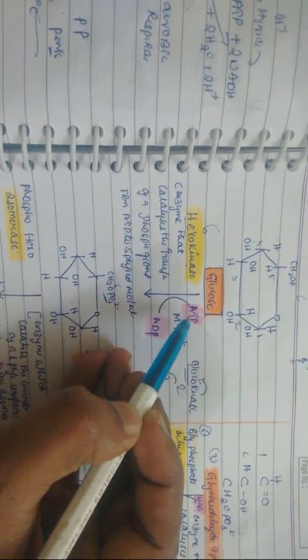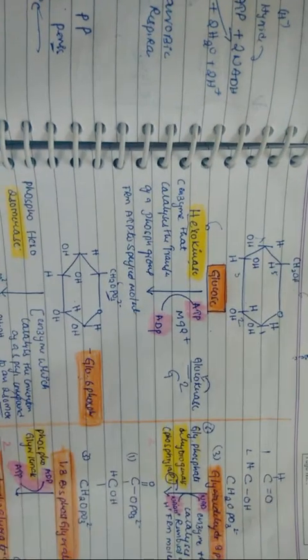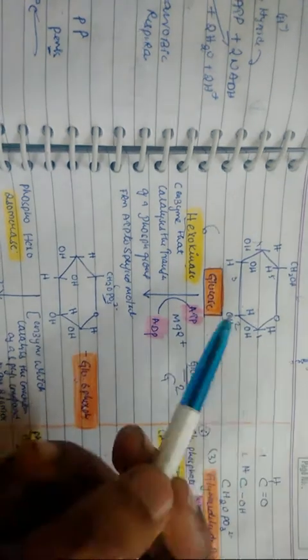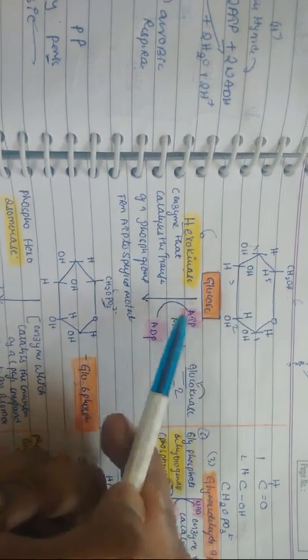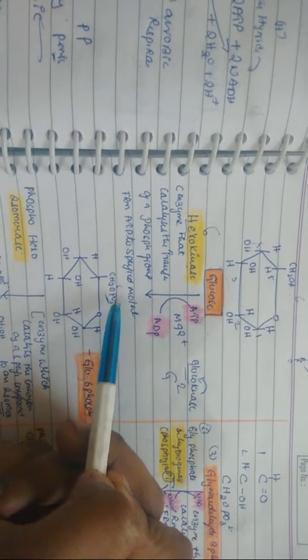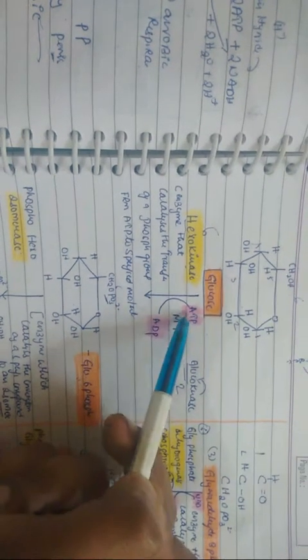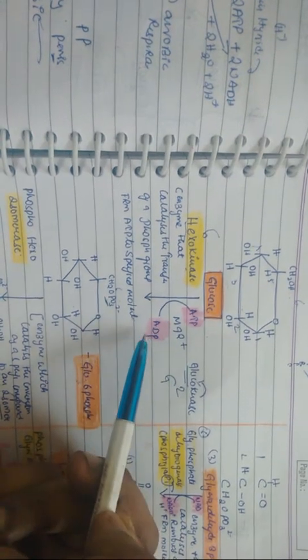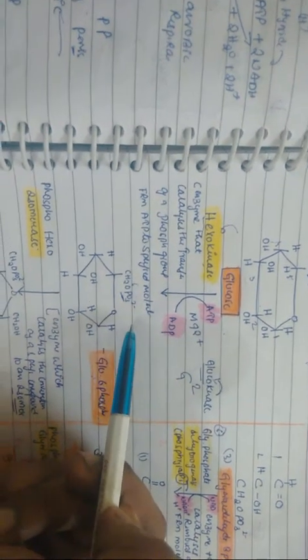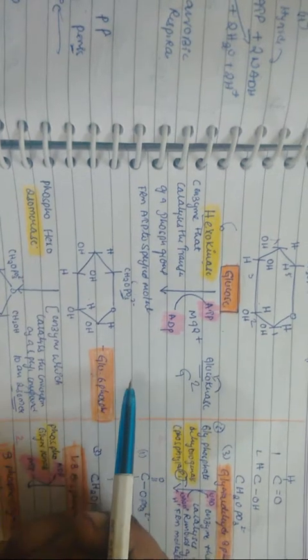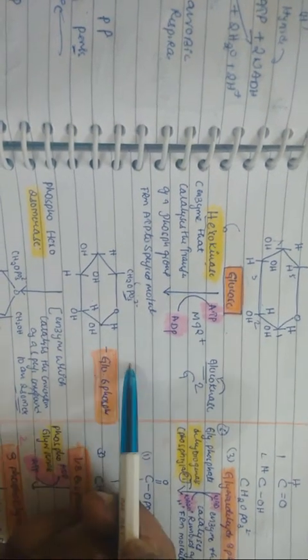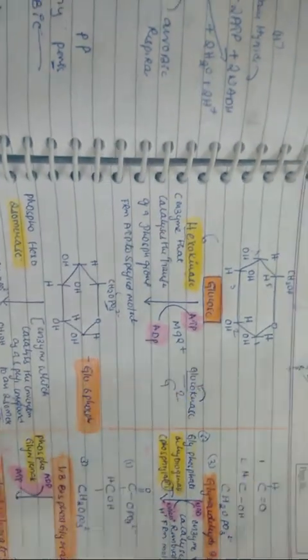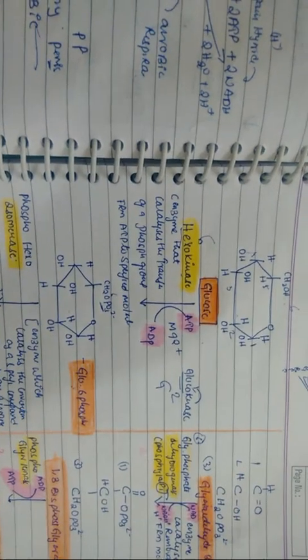Initially the glucose has no phosphate. Now the addition of phosphate has taken place because the ATP has donated phosphate to the glucose and it has become ADP, and now you have glucose 6-phosphate. This is what you have to understand regarding the first step.